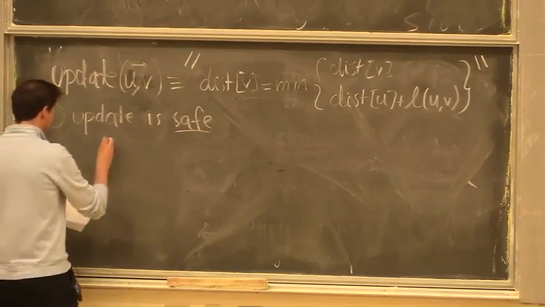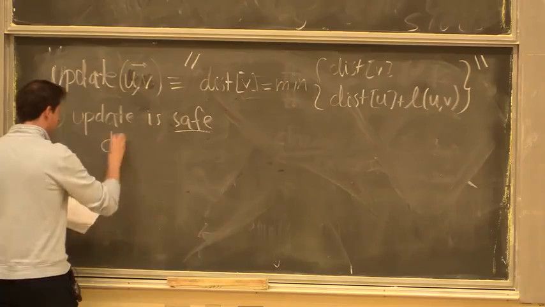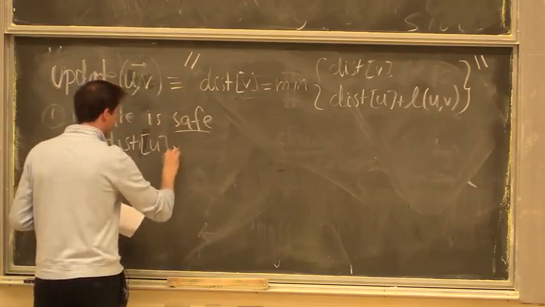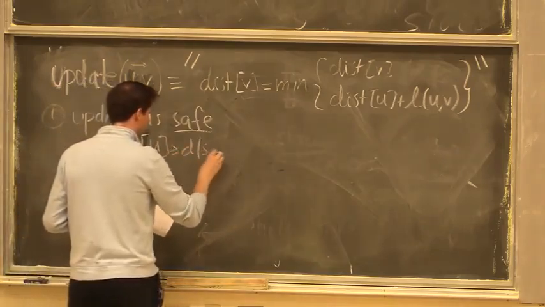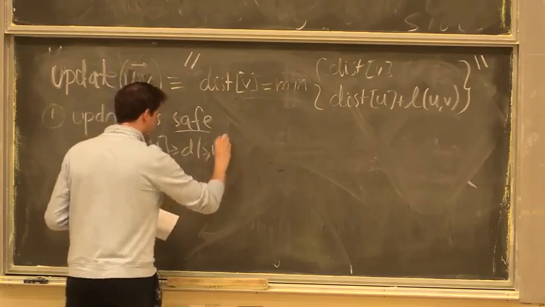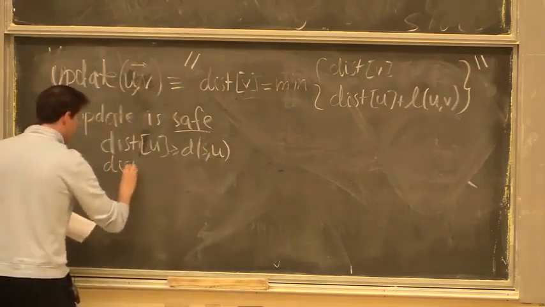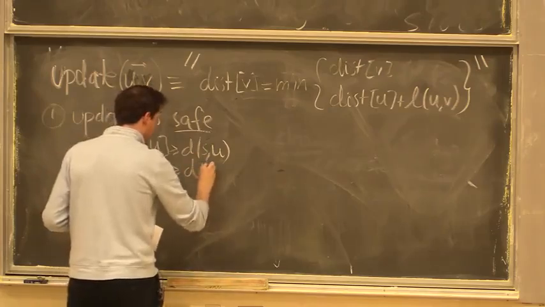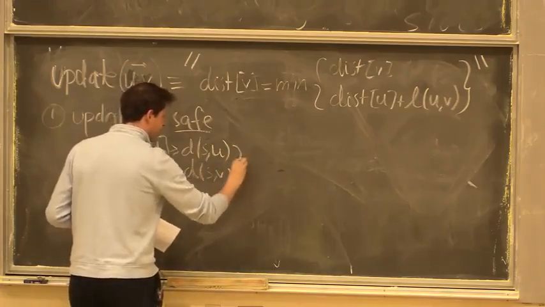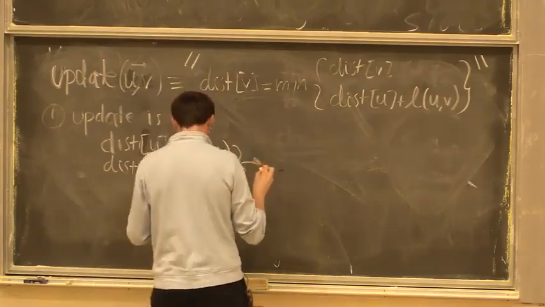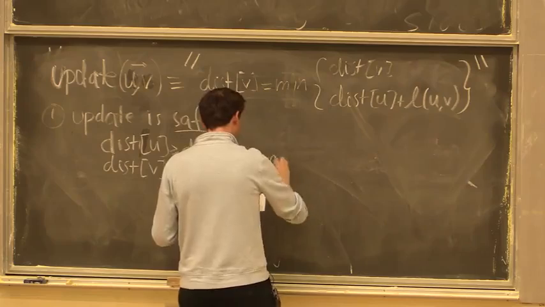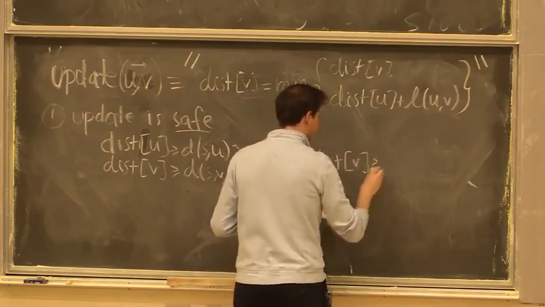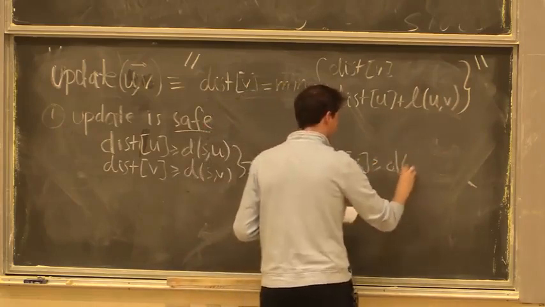So another way to say it is that provided that the distance of u is at least the correct answer, which is the distance from S to u, and the estimated distance for v is also not already wrong, then after the update, the new distance of v is also no worse than the correct answer.